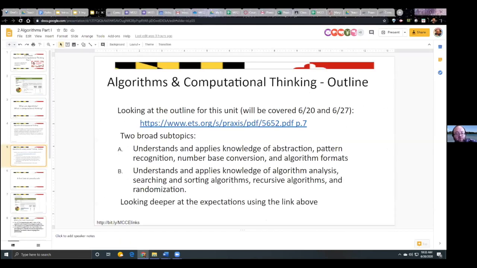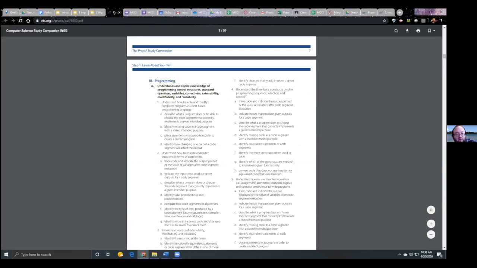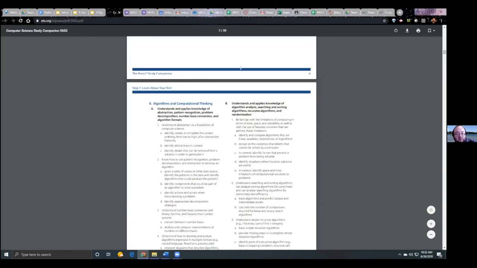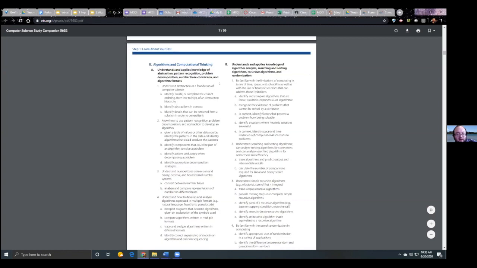So under, that was programming. This is in that same study guide, and that's linked there. So A and B are the 2 broad topics, but then A is split into number 1, 2, 3, and 4. And B is split into 1, 2, 3, and 4. And each of those is split into these little subtopics right here, right? So understanding abstraction, what do you need to know and be able to do about abstraction?